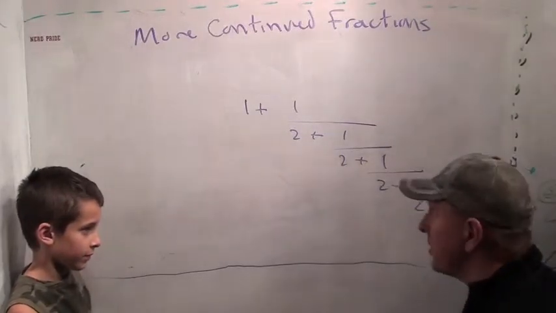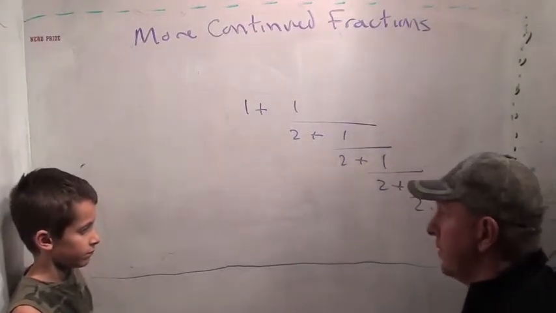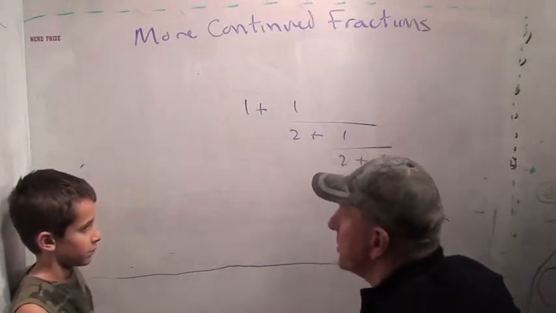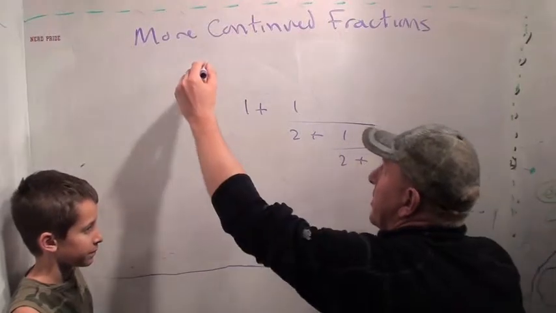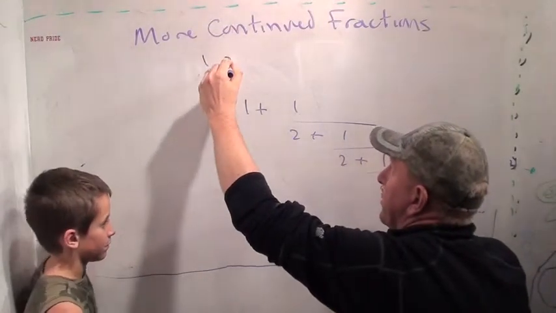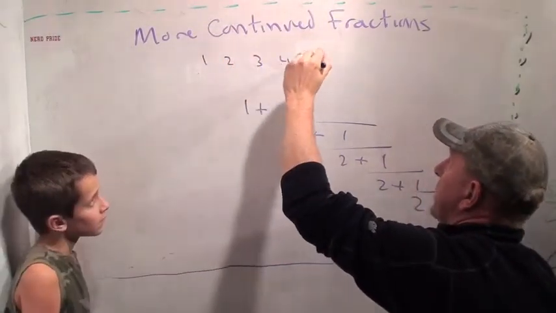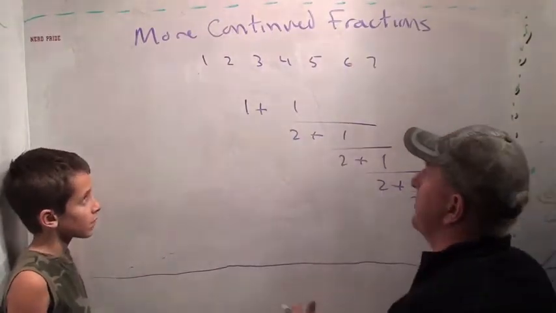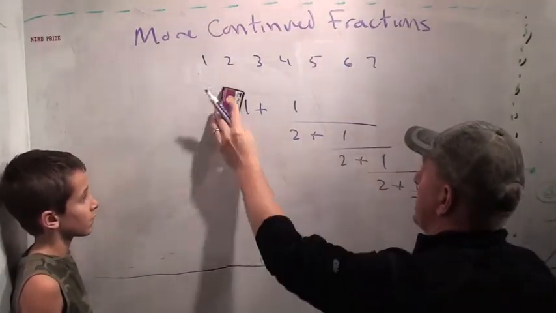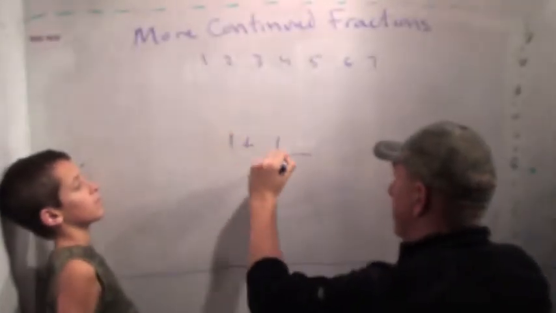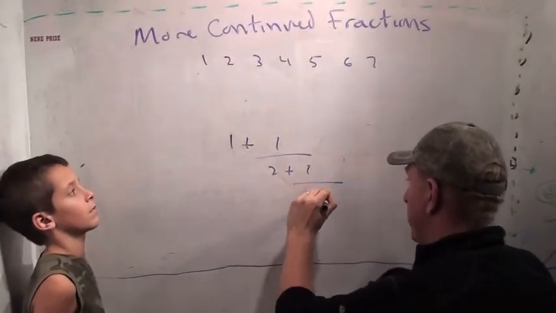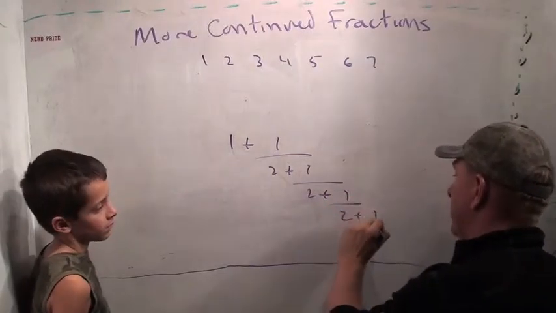Okay? So do you remember what we talked about yesterday with this continued fraction machine for doing the convergence? So we started out, we wrote the terms down, 1, 2, 3, 4, 5, 6, 7, that's probably enough. I didn't write that very well, let's do this. 1 plus 1 over 2 plus 1 over 2 plus 1 over 2 plus 1 over 2.